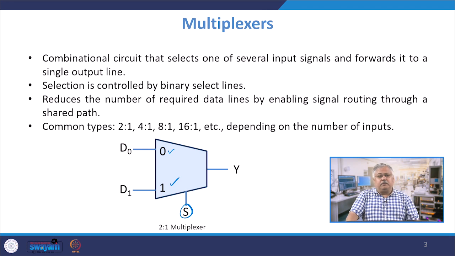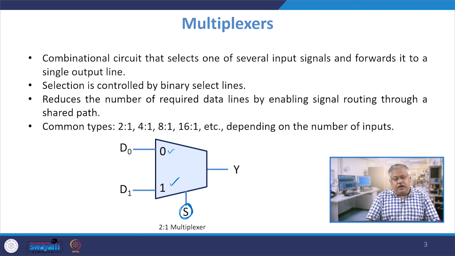You can have 4:1, 8:1, 16:1 multiplexers. What is the meaning of 16:1? It means that there are 16 inputs coming simultaneously to this multiplexer, and I can select any one of them by using the select line S. That is how you define a multiplexer.